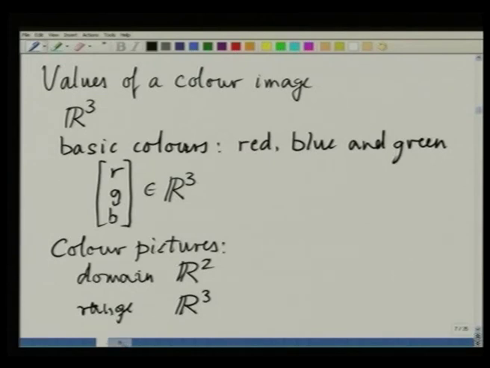Functions or signals where the range is more than 1-dimensional are said to be multivariate.